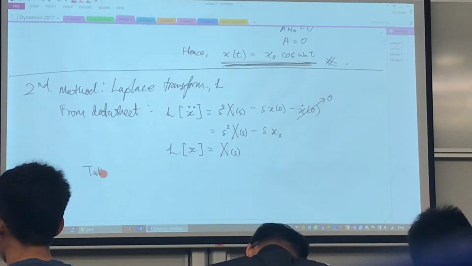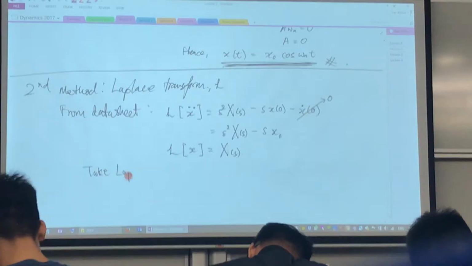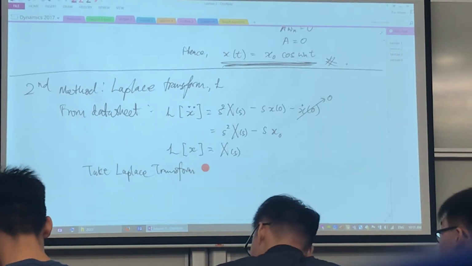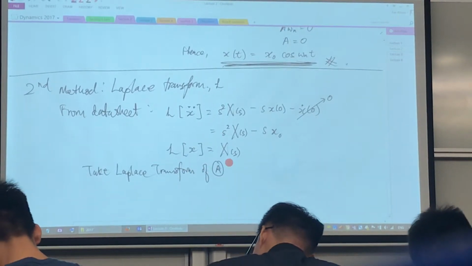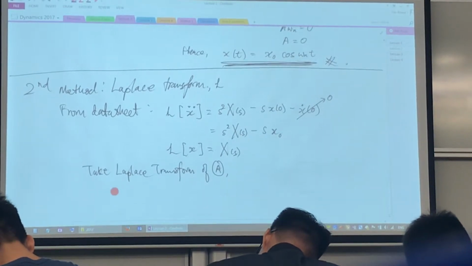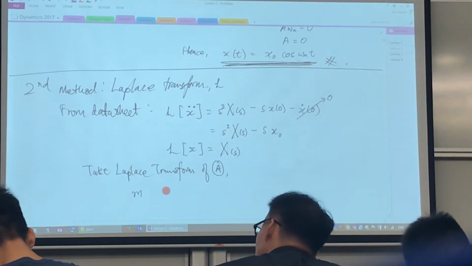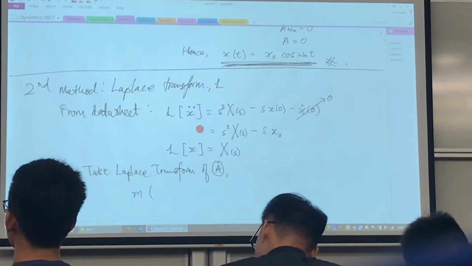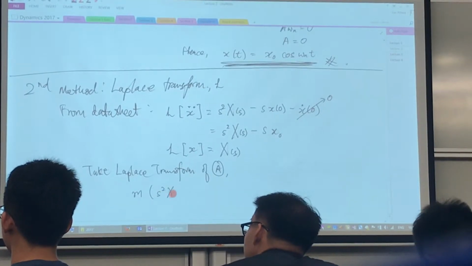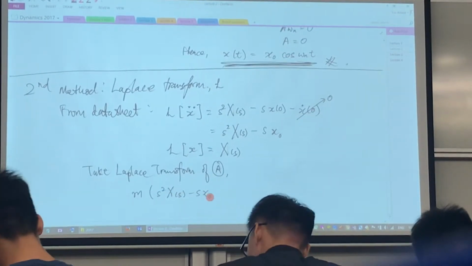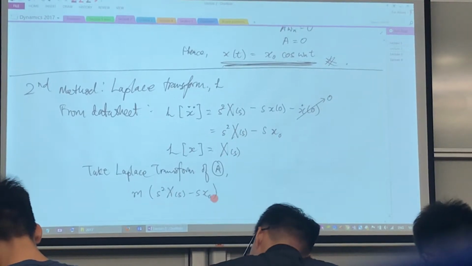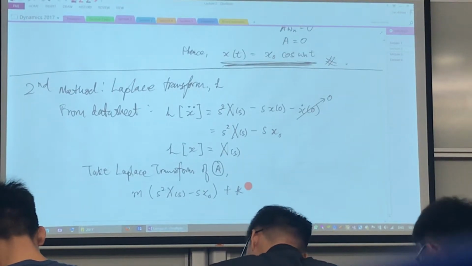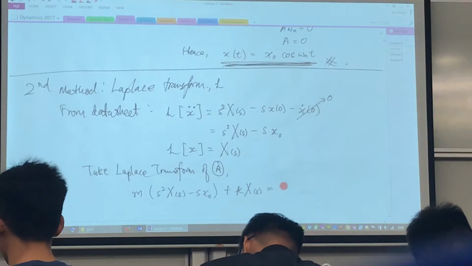So what we do next is to take the Laplace transform of this equation A. If you remember equation A, that's m x dot dot plus k x equal to 0. Taking the Laplace transform of that x dot dot, I get s squared X(s) minus s x naught, from this expression, plus k and the Laplace transform of small letter x gives you capital letter X(s), equal to 0.